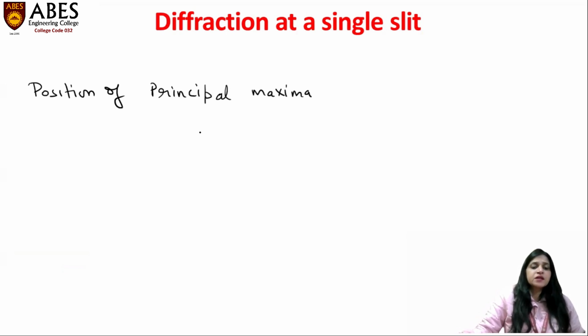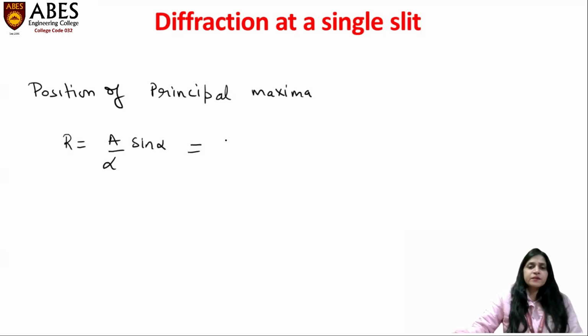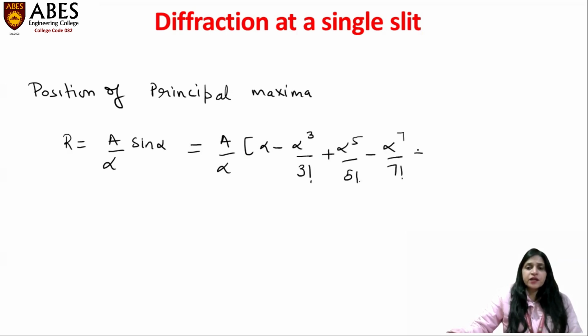See, suppose now what is the value of R? R is equal to A by alpha into sine alpha. So if we open the series of sine alpha, then what will happen? It will become A upon alpha, that is alpha minus alpha to the power 3 upon 3 factorial plus alpha to the power 5 upon 5 factorial minus alpha to the power 7 upon 7 factorial and so on.